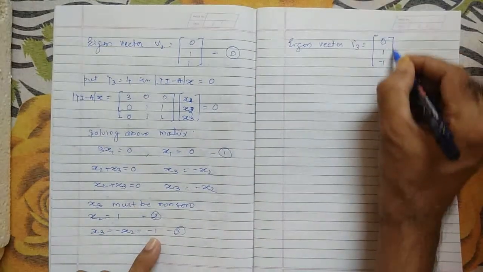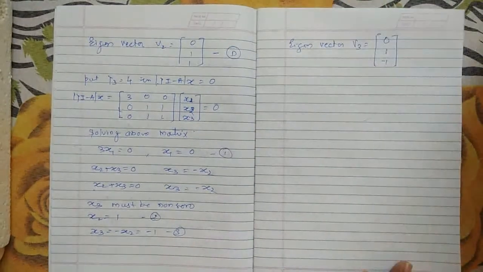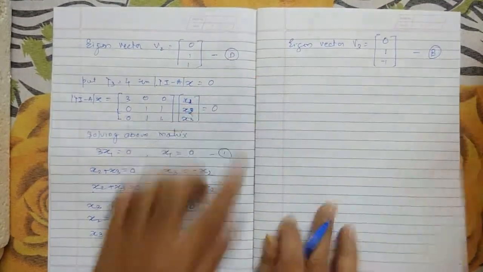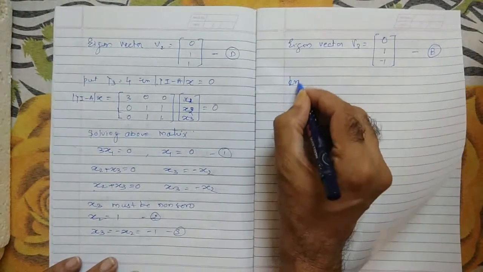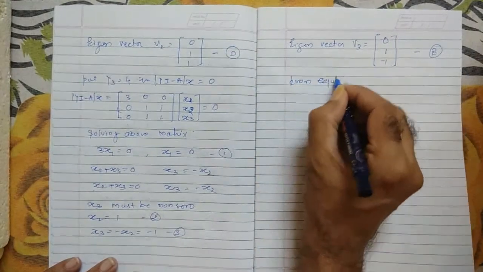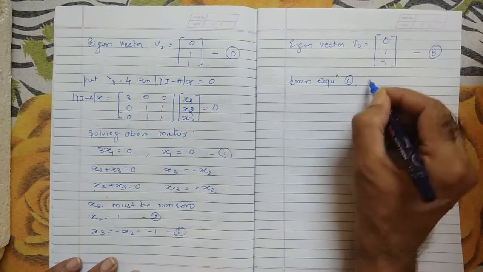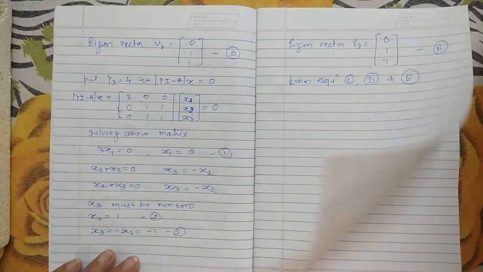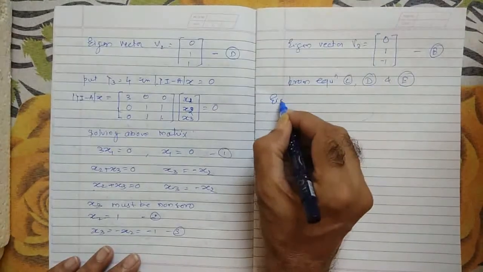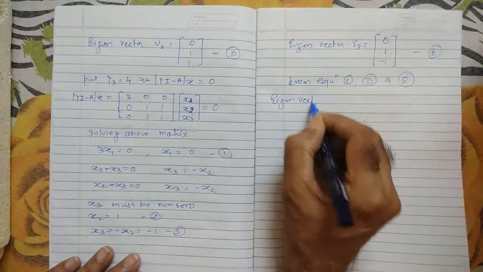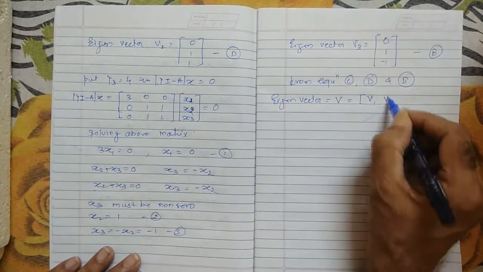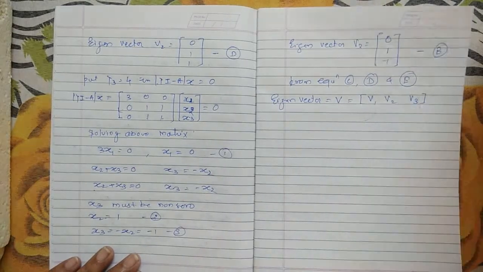And this is my equation E. From equations C, D and E, the eigenvector V equals V1, V2 and V3.